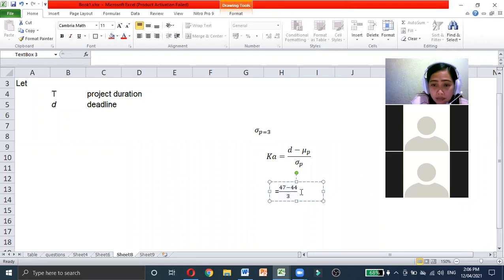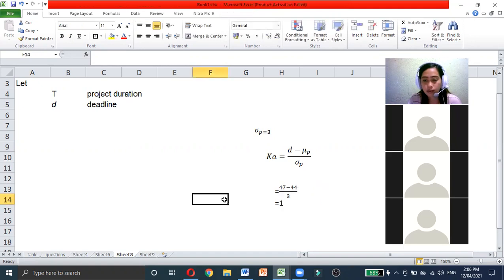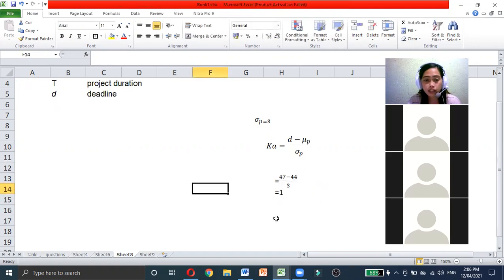The difference of 47 minus 44 over 3 is equal to 1. Okay, that is equal to 1, or shall we say 1.0.